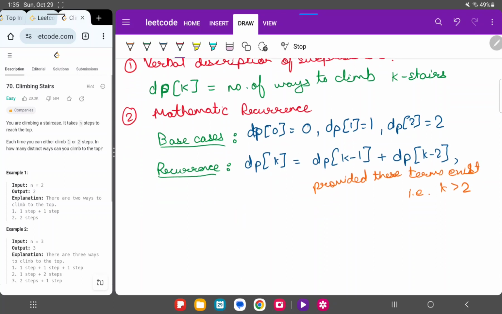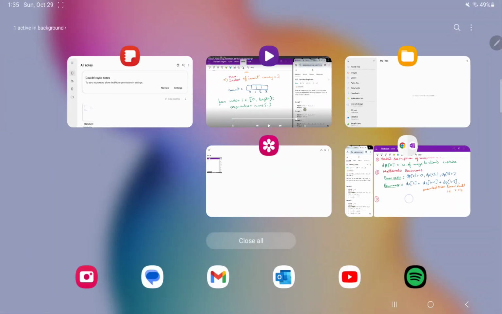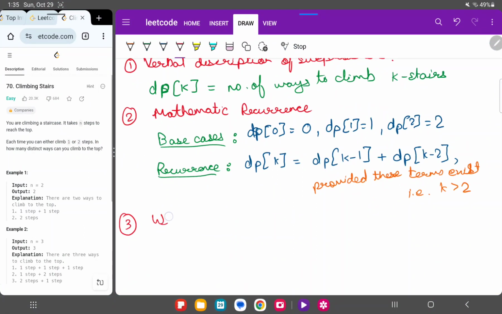The next part of the heart of the algorithm is, where is the solution found? So we have an array of n indices.